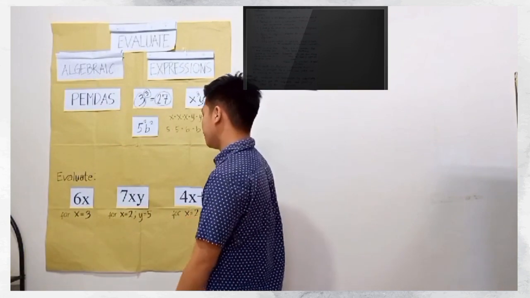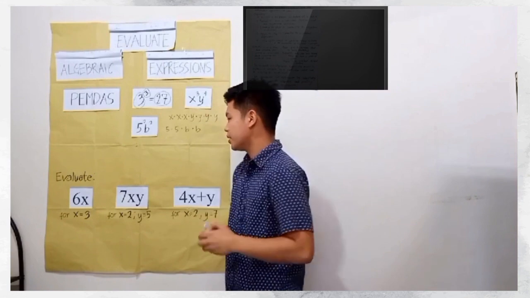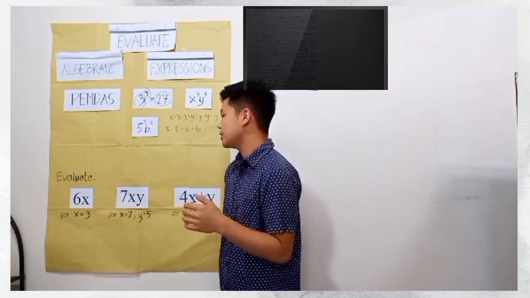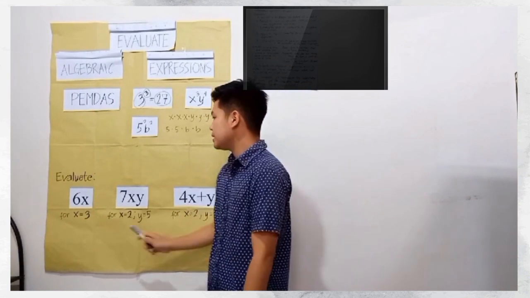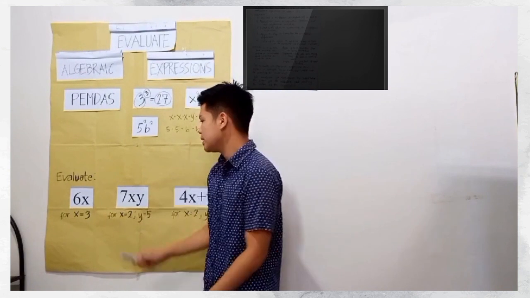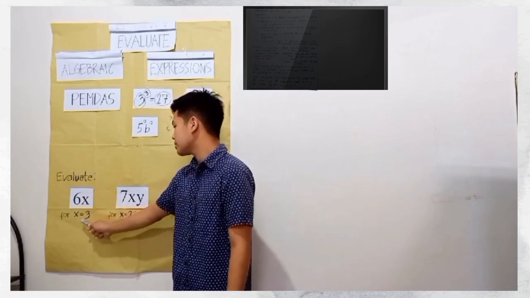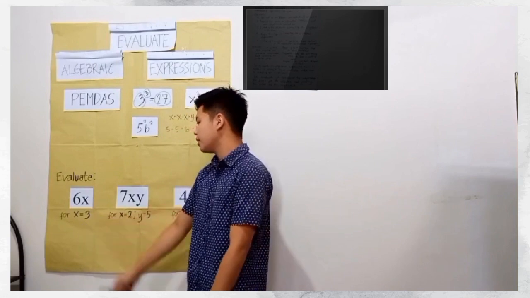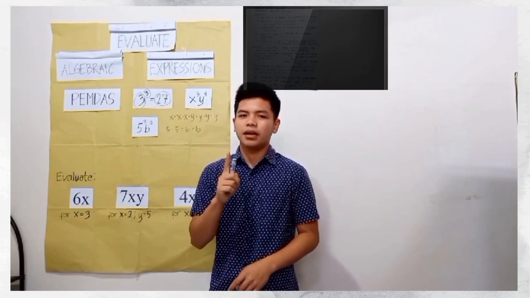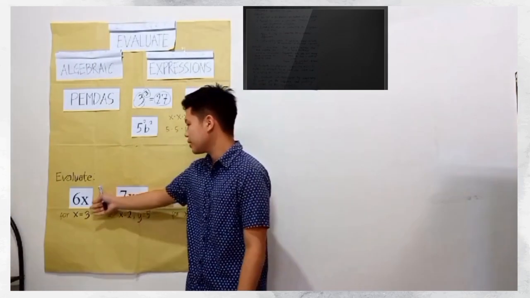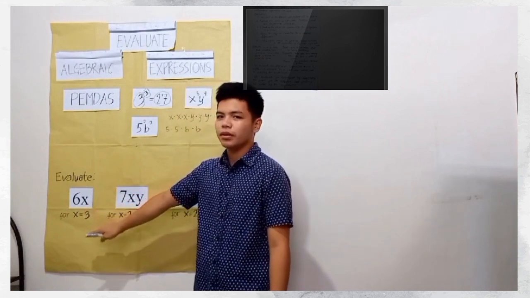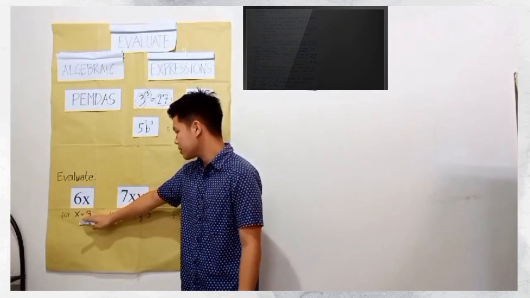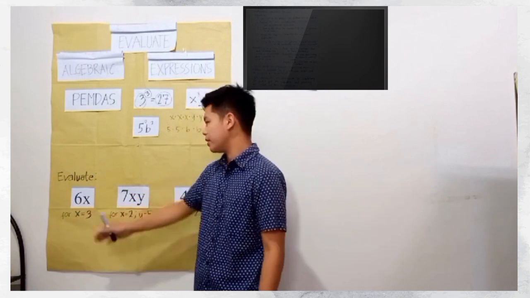So we have the following examples. First example, 6x, for x is equal to 3. We have the given 6x and also the value of our variable x, which is equal to 3.